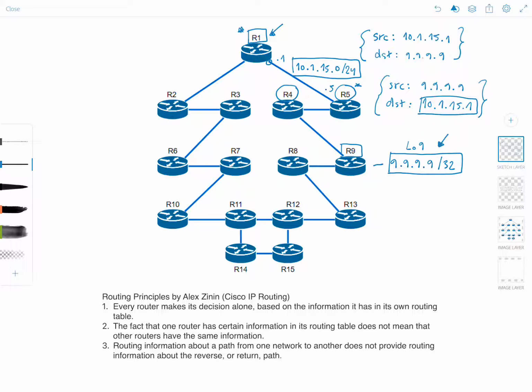But I think the most common one, or at least personally, when I was learning about IP routing, I stumbled upon principle number 2, that just because one router had information about a network, it didn't mean that another router, usually a neighbor router, would have the same information. So I personally really struggled with that in the beginning.